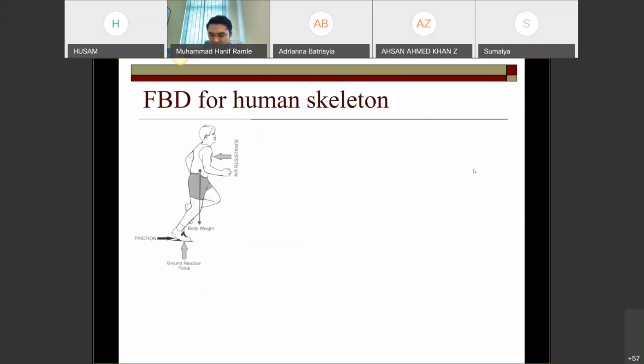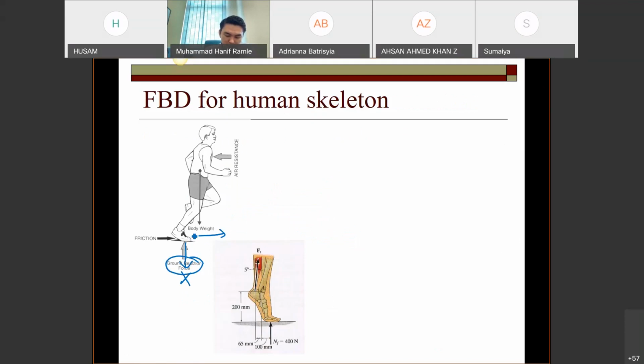Okay, this is an example. If you draw the FBD for the human skeleton, human body, there is a ground reaction force, because this foot cannot go down. That's why we have ground reaction force, GRF.